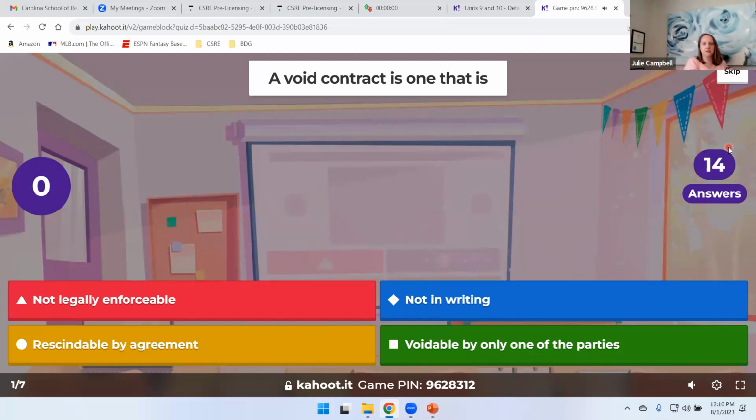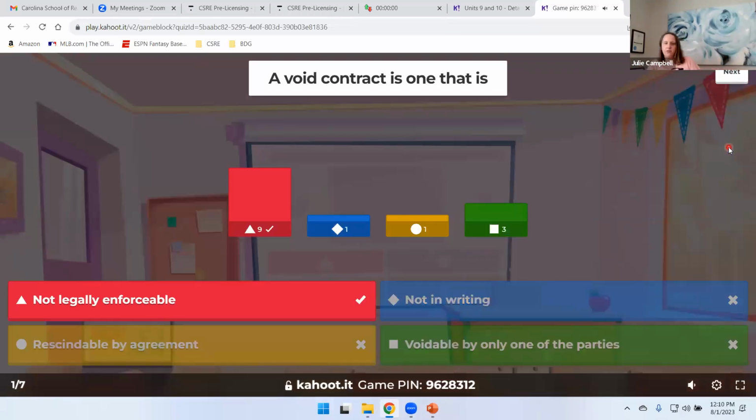A void contract is one that is, good job you guys, not legally enforceable.